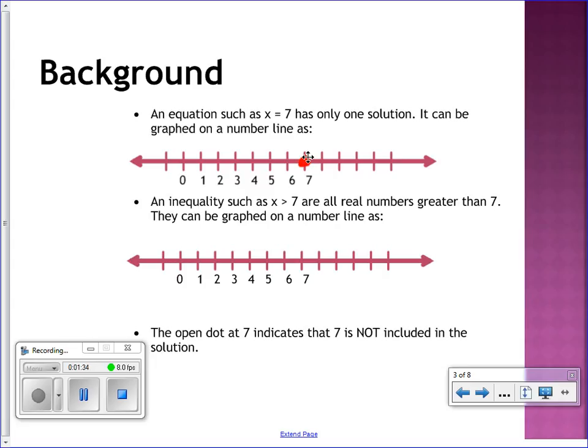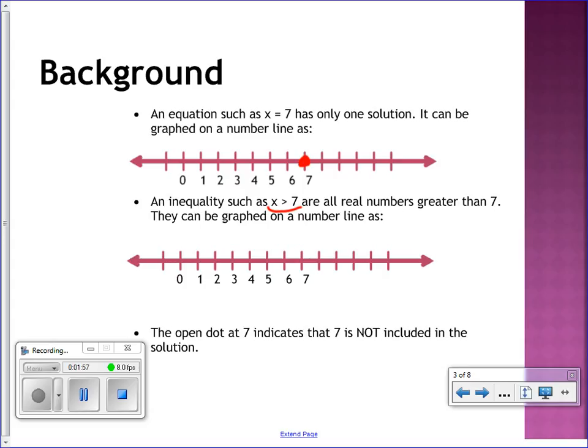An inequality such as x is greater than 7 has as solutions all real numbers greater than 7. That includes fractions, decimals, and of course your positive integers and whole numbers, and they can be graphed on a number line in this way.